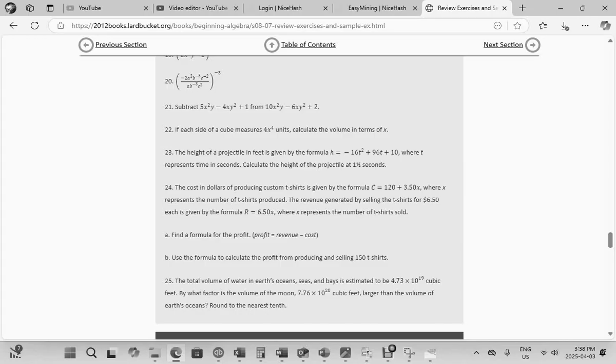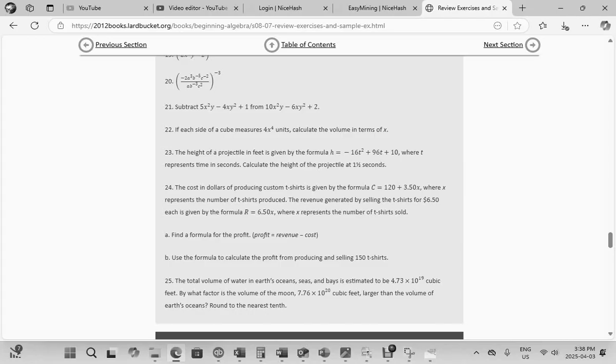Given these two, we can figure out our gross profit. And given gross profit, we can figure out our net profit, which will be gross profit take away operating expenses. Now, operating expenses are not listed in this word problem. However, should you have operating expenses for your business, you can figure out your net profit for your income tax return, for example.